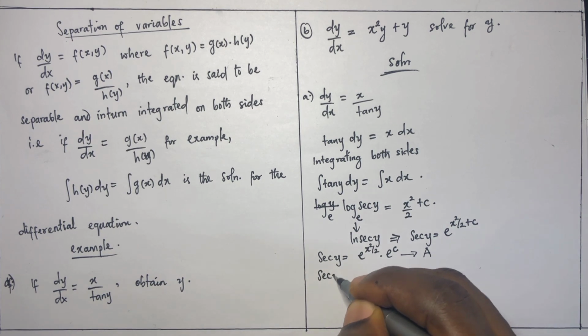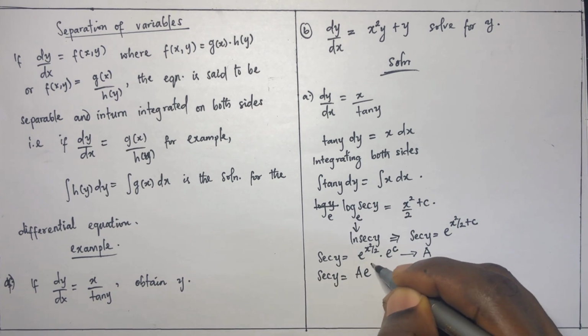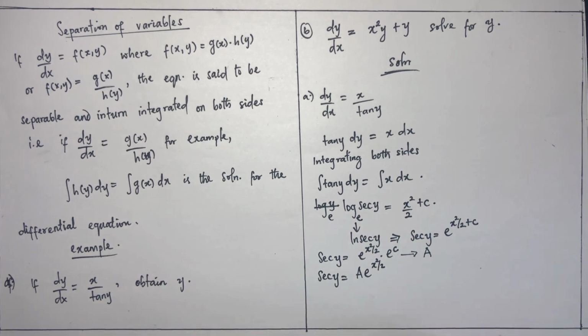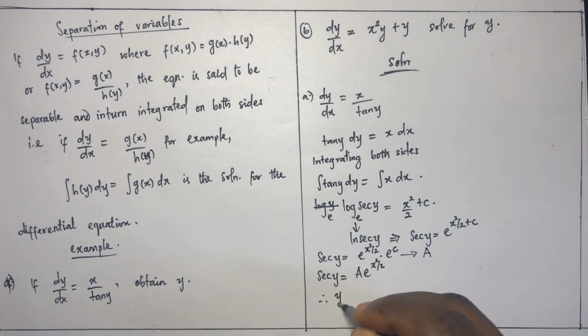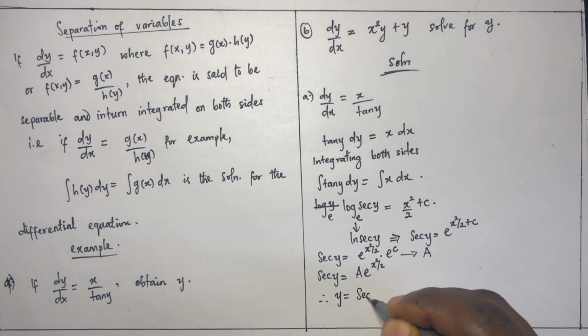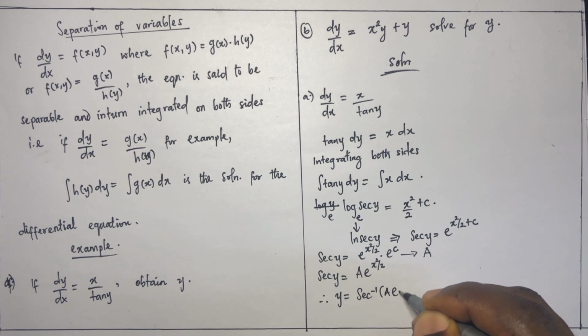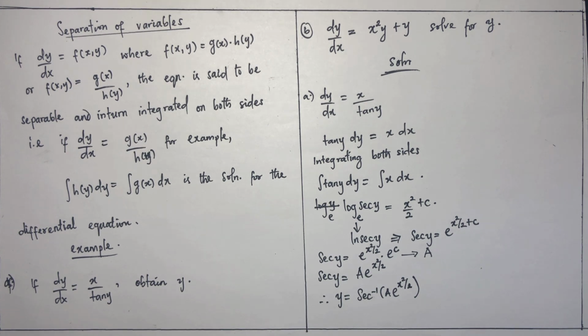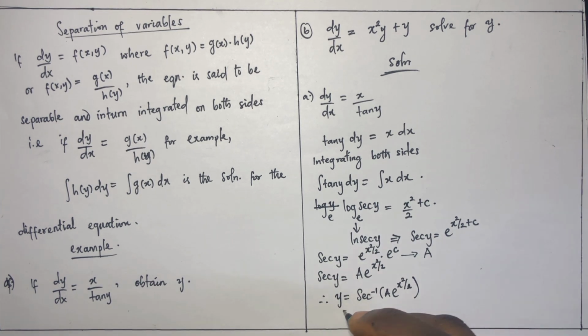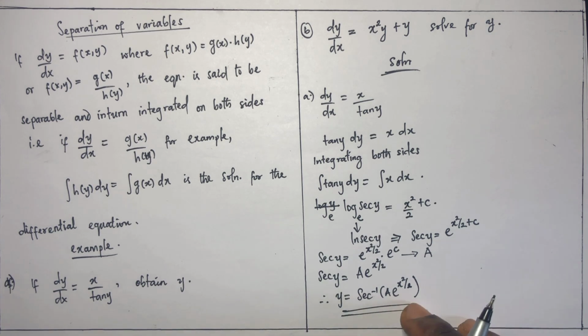So sec y equals a exponential x squared over 2. Therefore, to make y stand alone, y equals arc sec of a exponential x squared over 2. This is the function that describes this differential equation. So that's the first example.